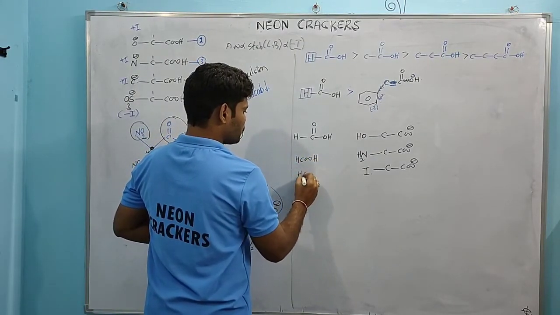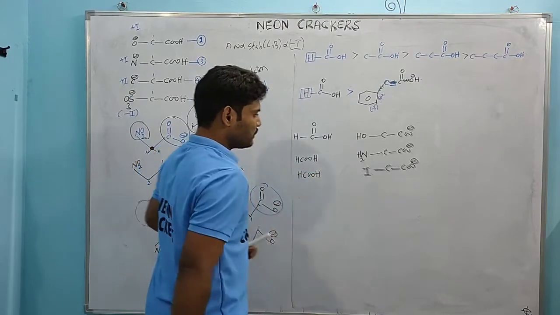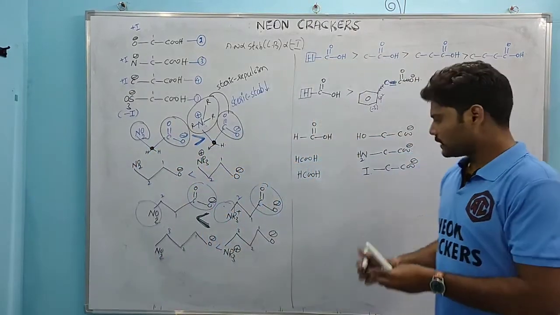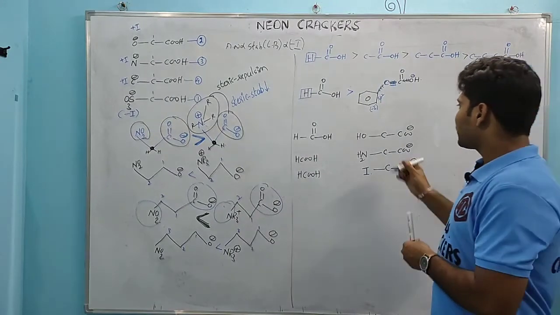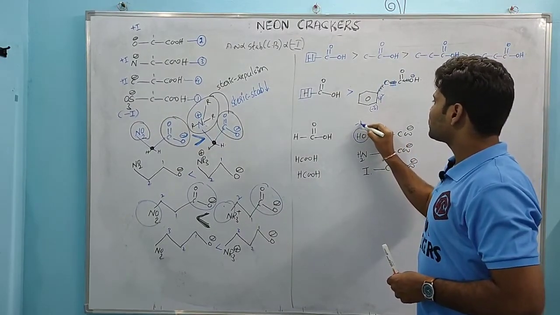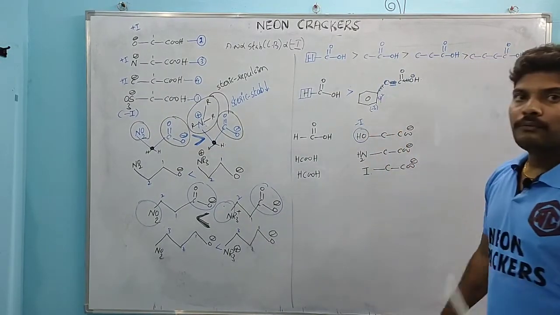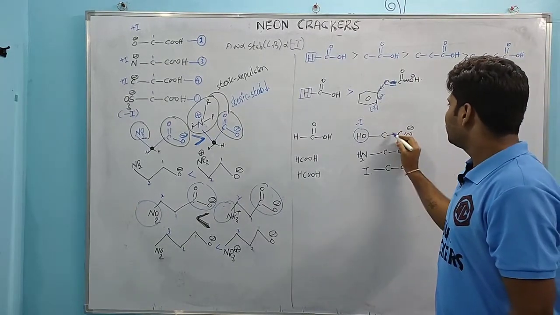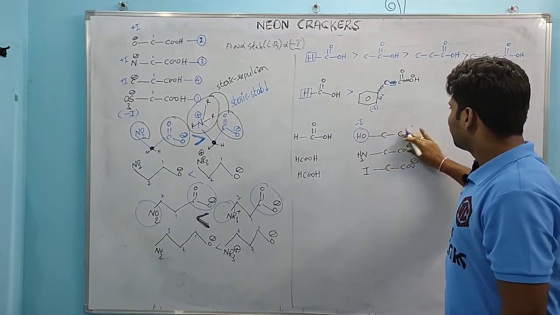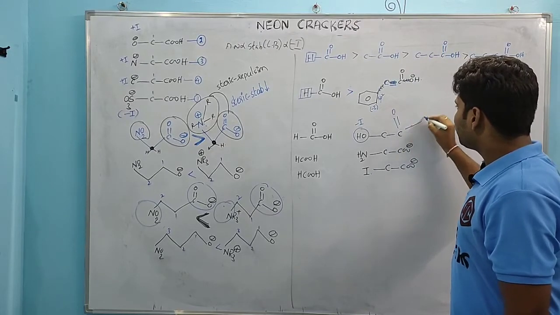Here first one, of course, hydrogen has neutral effect, neither plus I nor minus I, right? Now here distance is the factor. This is having minus I, but weaker minus I. It is far away here.